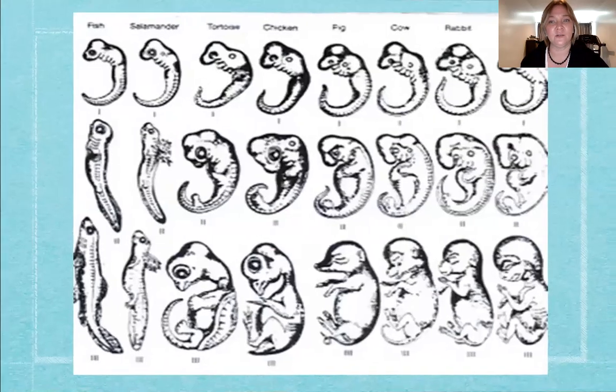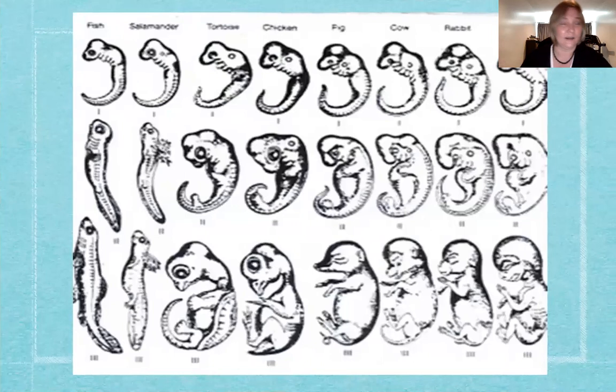And I haven't shown you this yet, but this is a diagram of how different species undergo development. This is what we mean by development. These are embryos. We have a fish, a salamander, tortoise, chicken, pig, cow, rabbit, and then human at the end. I want you to look, because this also tells us about evolution as well, which is one of the characteristics I'll talk about in a minute.